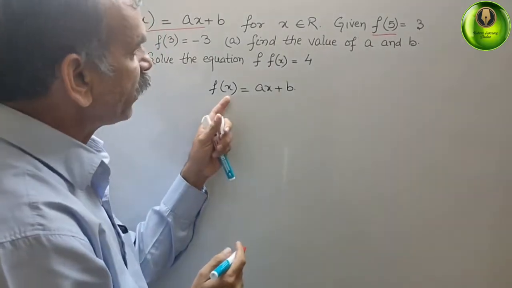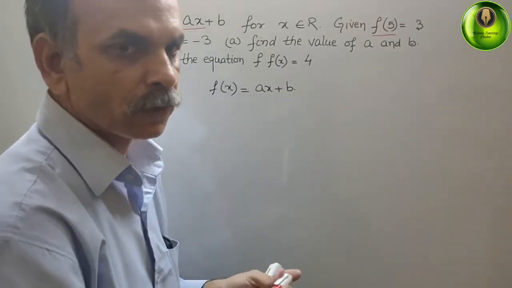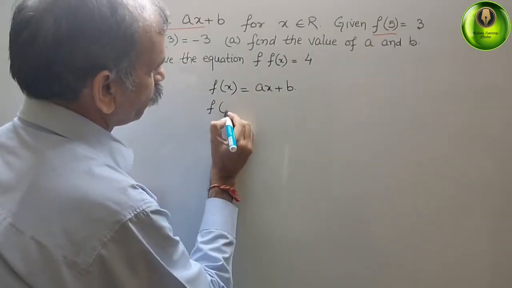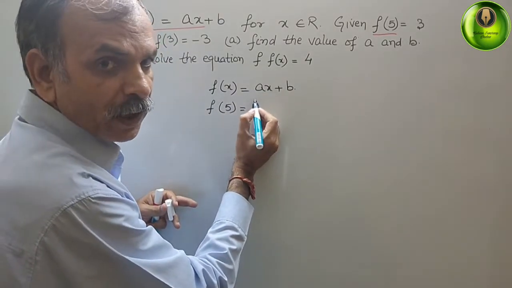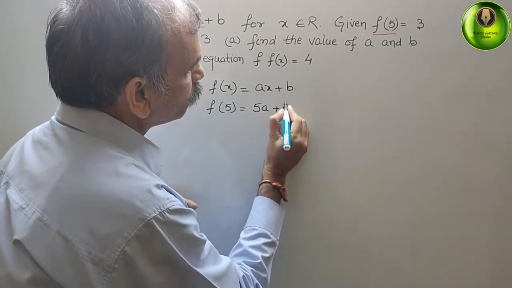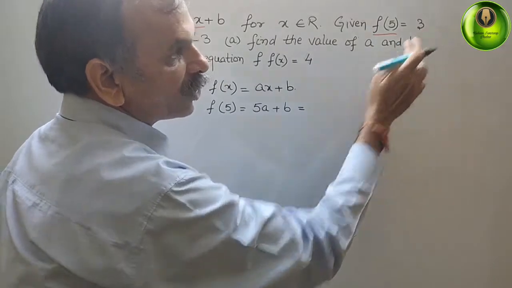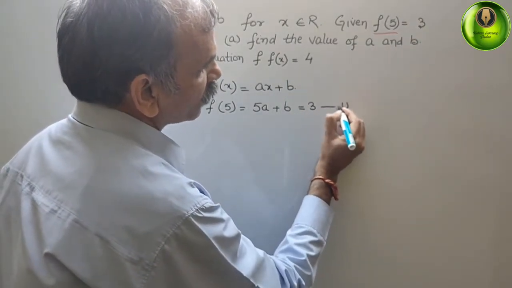That means instead of x we have to write 5. So f(5) is equal to 5a + b, that is equal to 3. So this is your first equation.